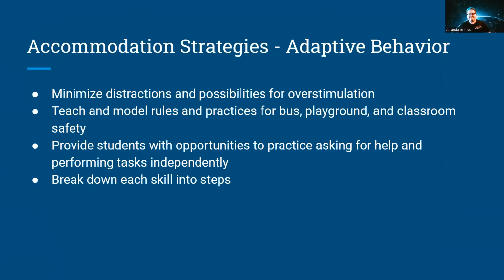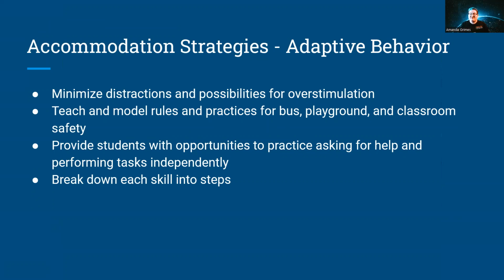Adaptive behavior: minimize distractions and possibilities for overstimulation in the classroom. Teach and model rules and practices for bus safety, playground safety, classroom safety, anywhere that you have a routine or specific rules and such. Teach them, model them, and let them practice.